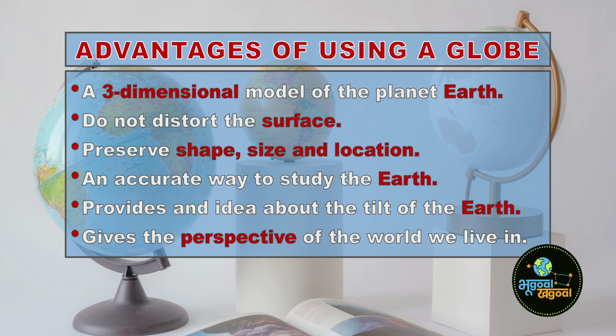Globes show the political boundaries, relief features and water bodies, and it is an accurate way of learning about the Earth. Globes provide an idea about the tilt of the Earth's axis and also help us understand the principles of rotation. They give perspective of the world we live in and help visualize trade links better.